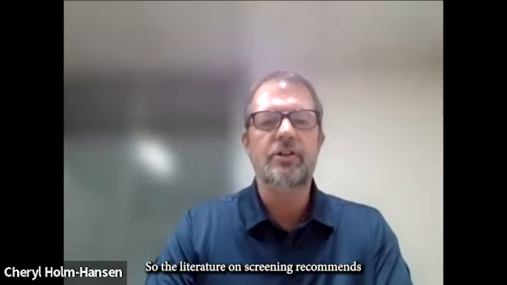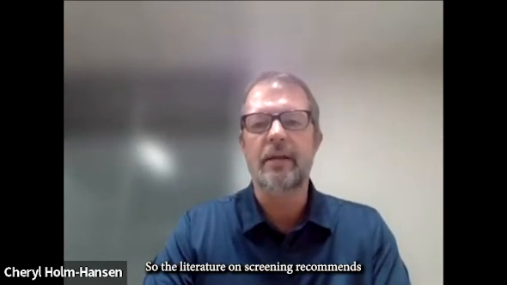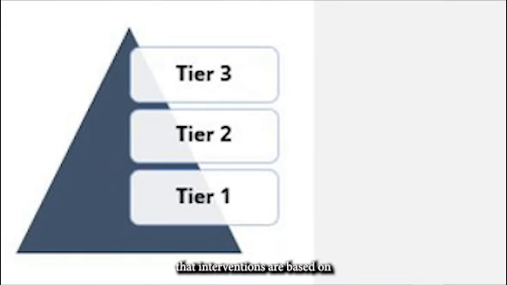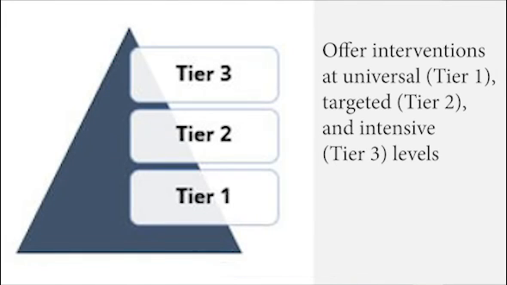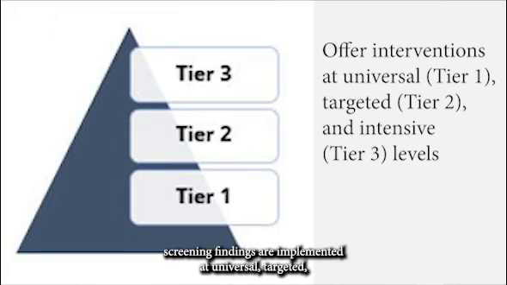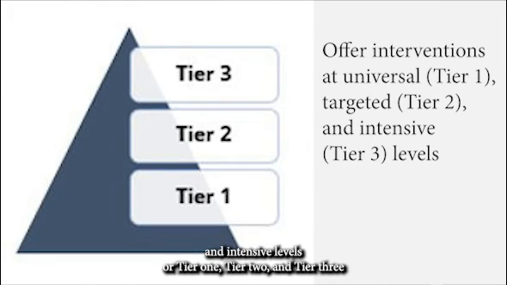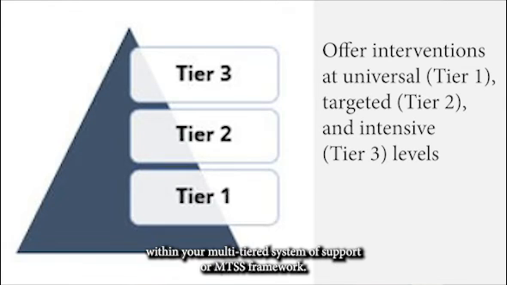So the literature on screening recommends that interventions based on screening findings are implemented at universal, targeted, and intensive levels, or tier 1, tier 2, and tier 3 within your multi-tiered system of support, or MTSS, framework.